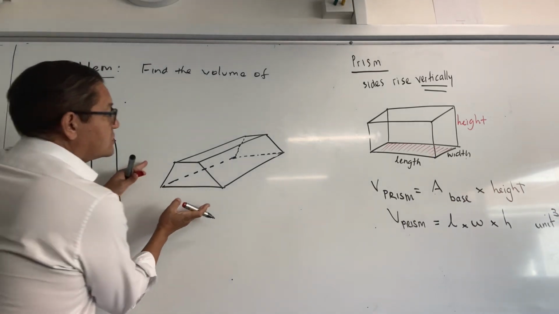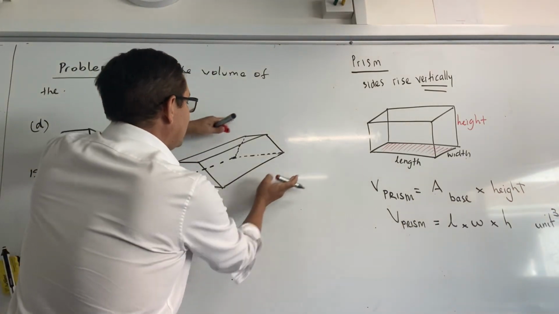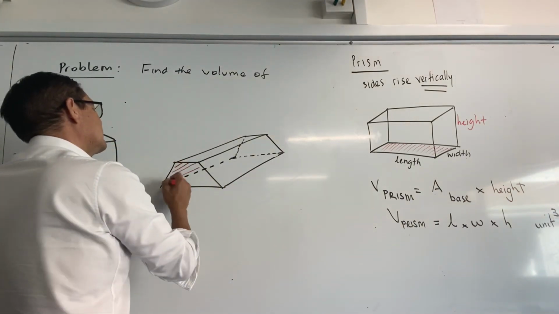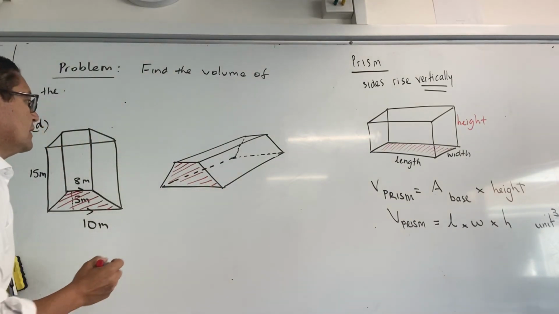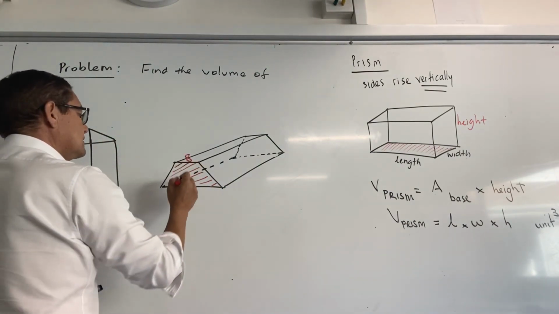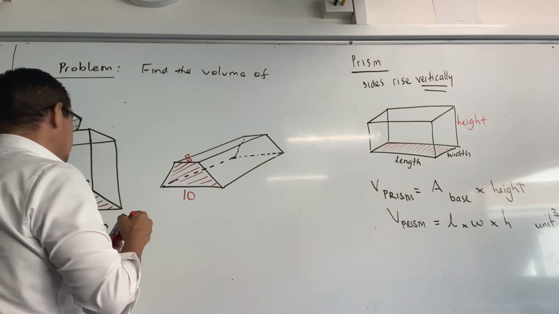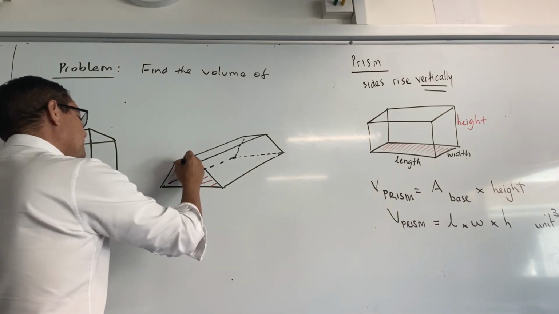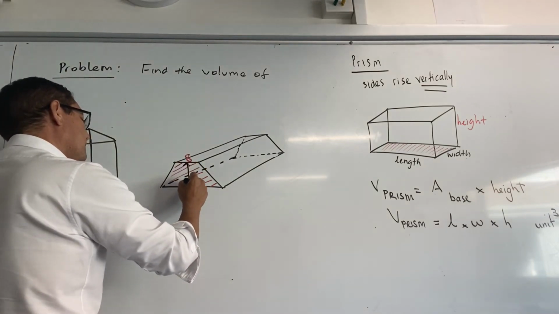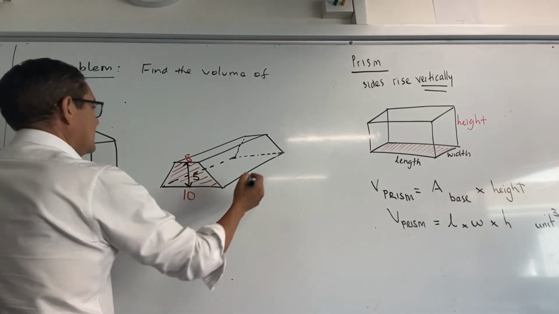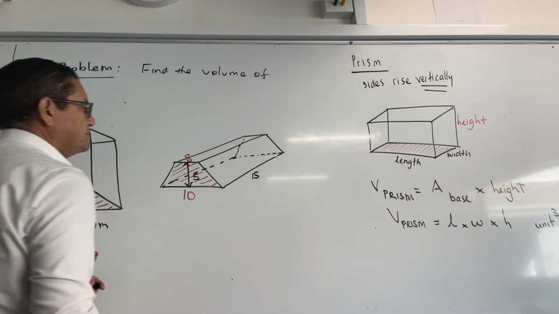So see how the sides rise from this parallel? That's that area there. Where that is 8, that is 10, that height there is 5, and this is 15.